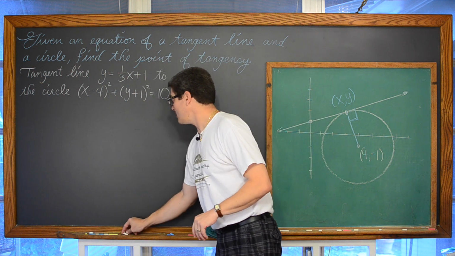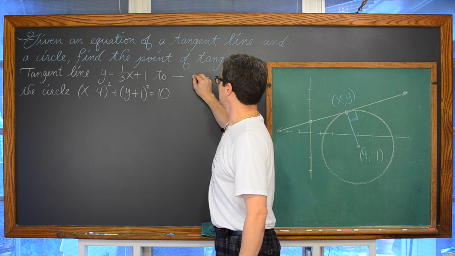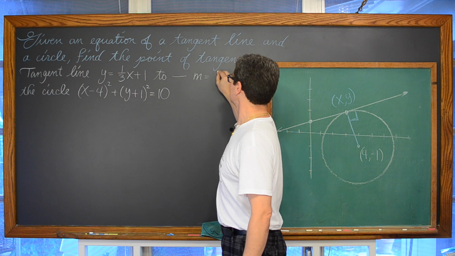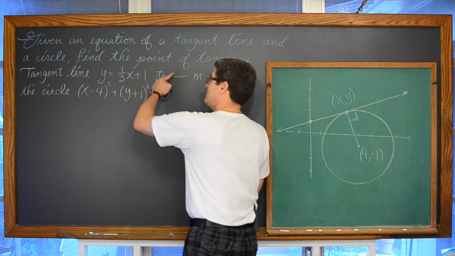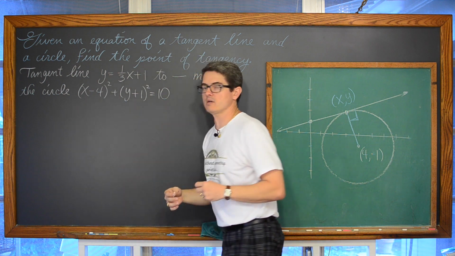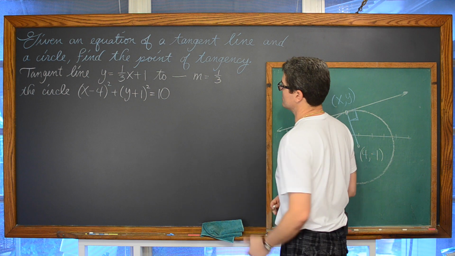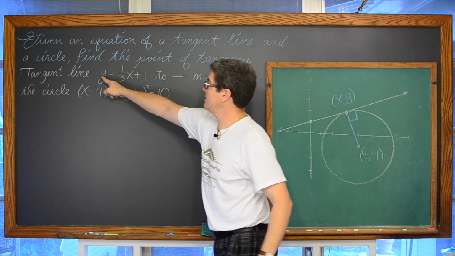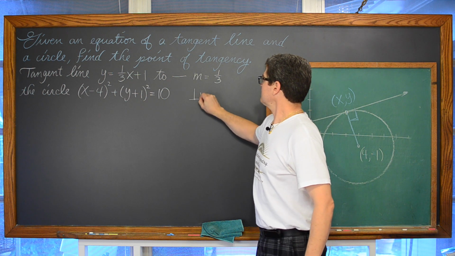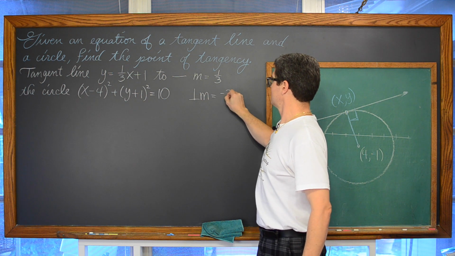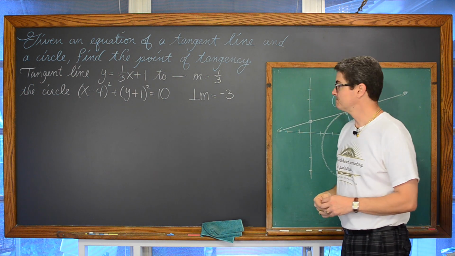Well, I'm going to look at the equation of my tangent line, and my tangent line has a slope which is equal to 1/3, because either you have put the equation into slope-intercept form from whatever form, like we did with standard form, or it was already given to you in this form, and you can just see it's y equals mx plus b. So the perpendicular slope is, of course, that we already used it to develop the example, -3.